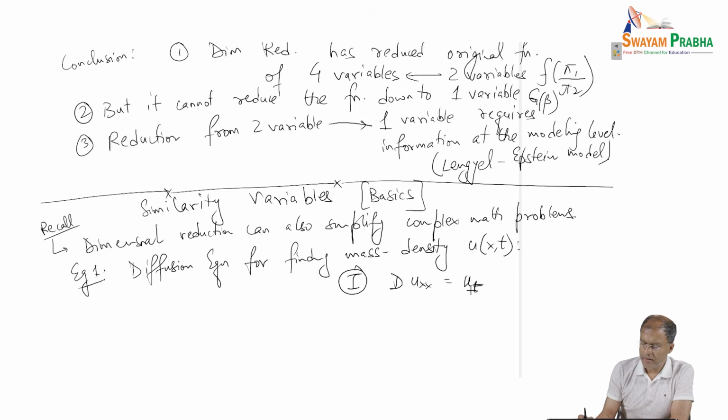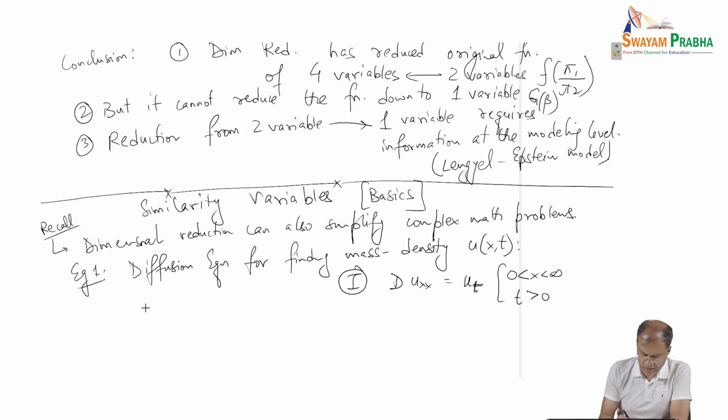People familiar with at least some basic partial differential equation knowledge must have seen this equation very often. That is a one-dimensional diffusion equation, and the domain is x on the entire positive real axis, and t greater than 0.